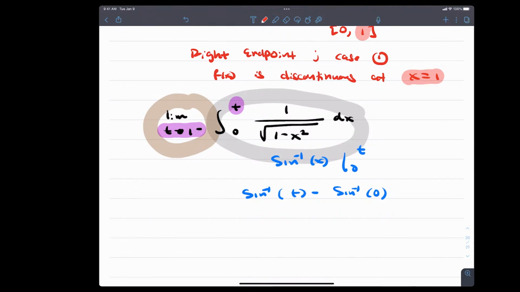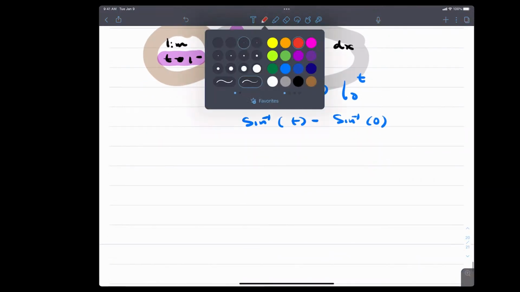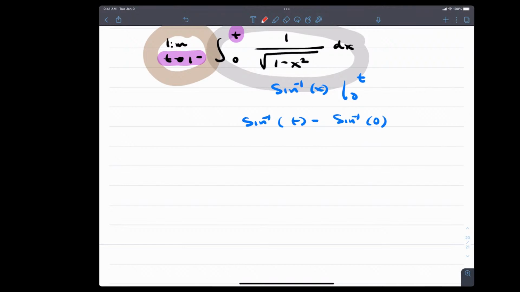I think of it this way: this is answering sine theta equals 0. On your sine curve, that means theta is 0. So you just simply have inverse sine of t now.